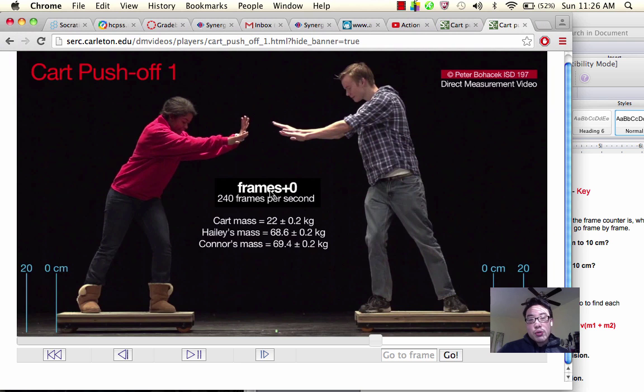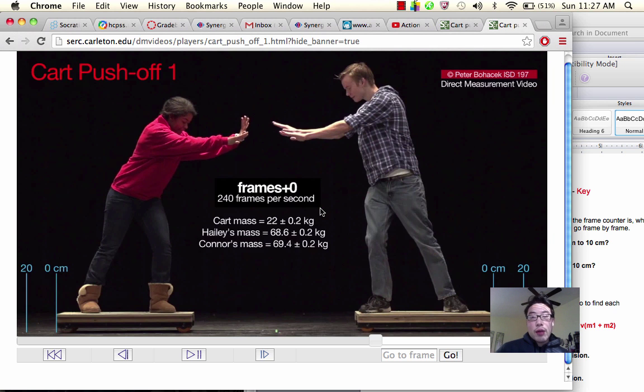Once we reach frame 0, we can see here that Connor is at the 0 centimeter mark. I'm guessing that if we push play, Connor will go from the 0 centimeter mark to the 20 centimeter mark, and that would be Connor's displacement. Now we can create a ratio to see how long it took to go 20 centimeters.